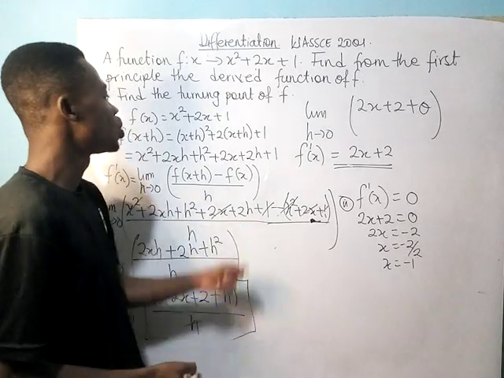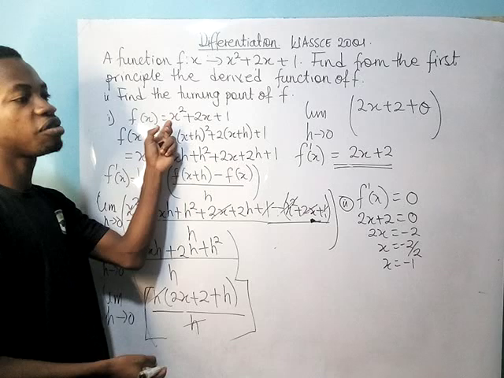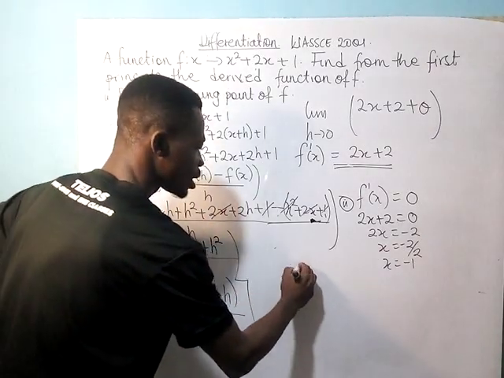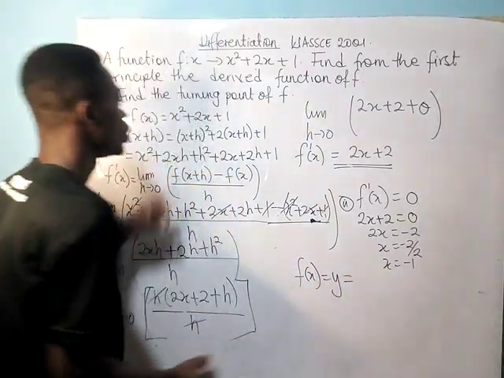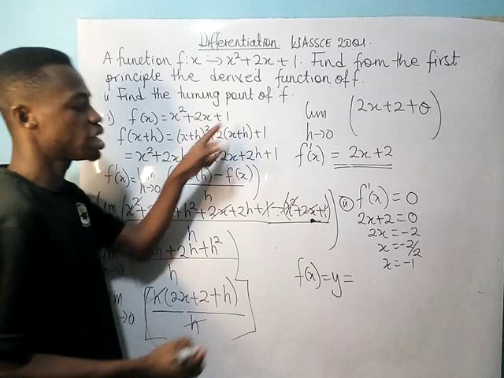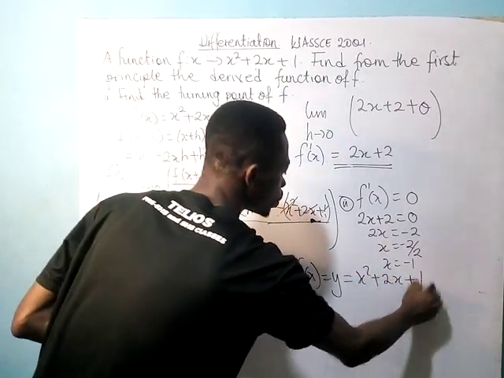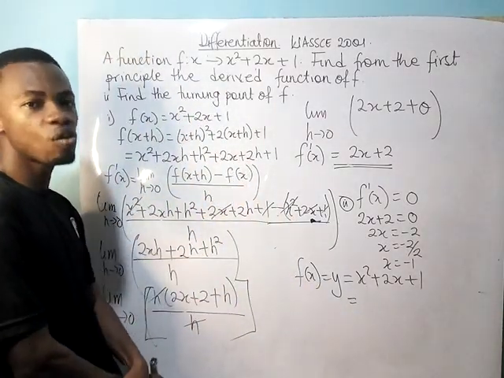Now we need to obtain our y value. So we substitute this into the original function to get the y. So our f of x is now equal to y, which is equal to x squared plus 2x plus 1. Now what's the value of x here? It is -1.